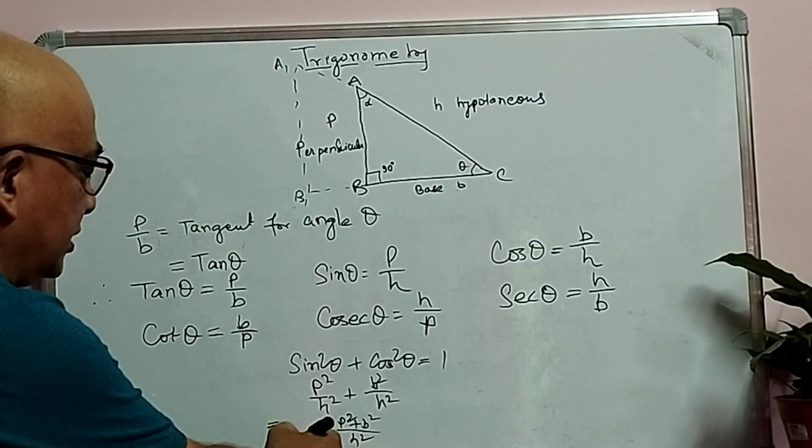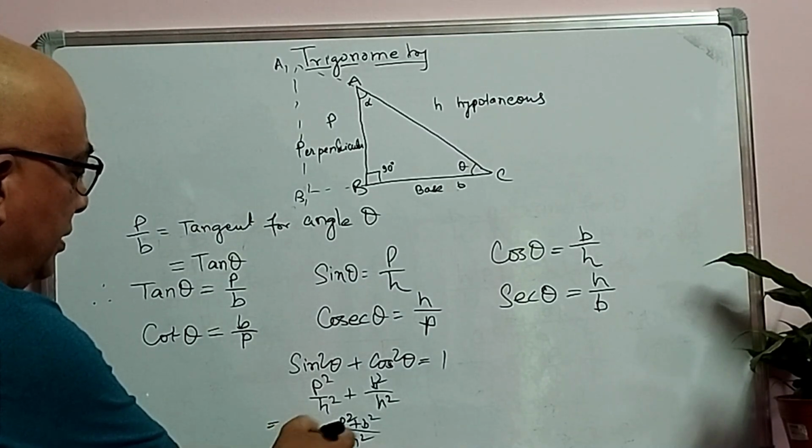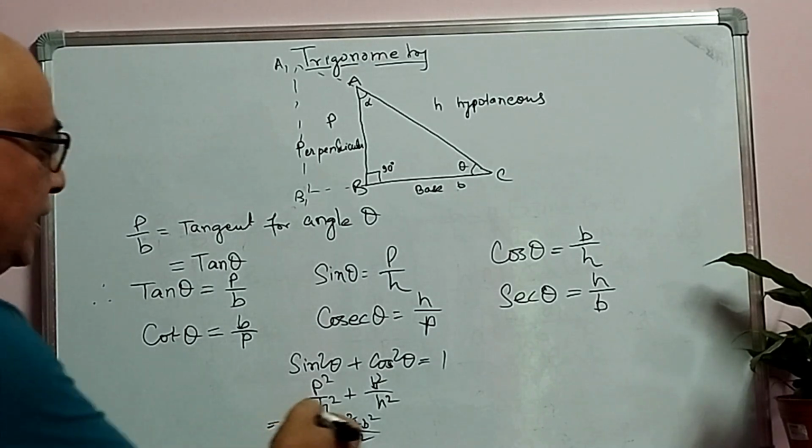According to the Pythagoras theorem, P square plus B square is H square.